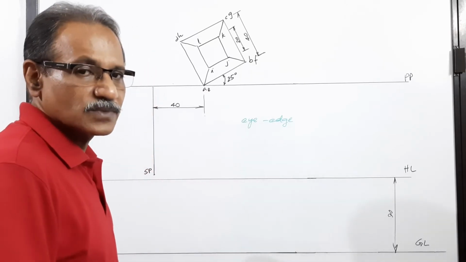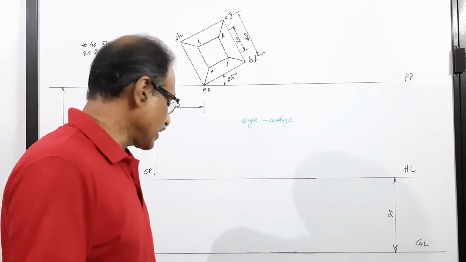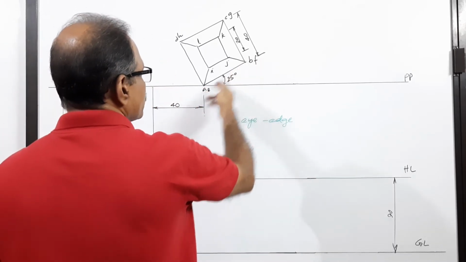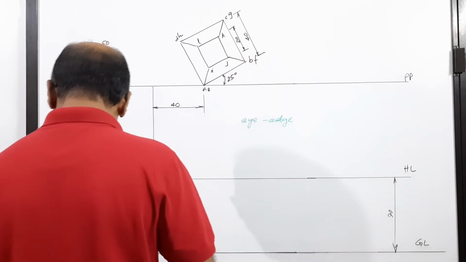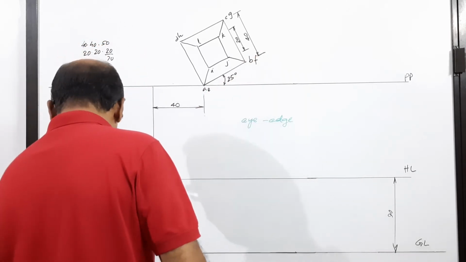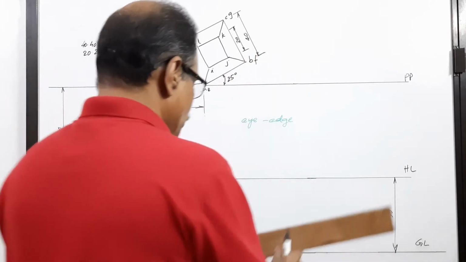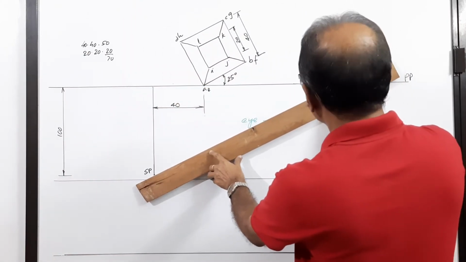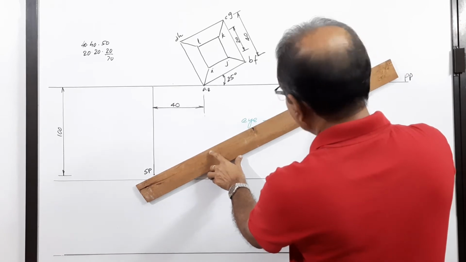Let's try that. You can follow any of the methods. When you use a single vanishing point, I am going to draw it using the vanishing point of this side. To get the vanishing point of that side, what do I have to do? I have to draw a line through SP parallel to the side AB.